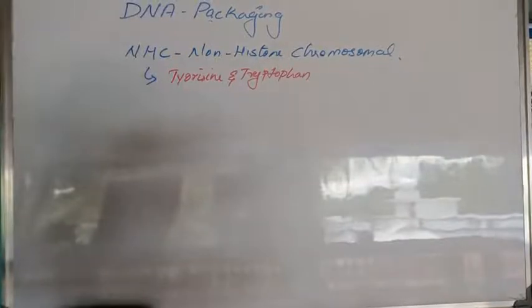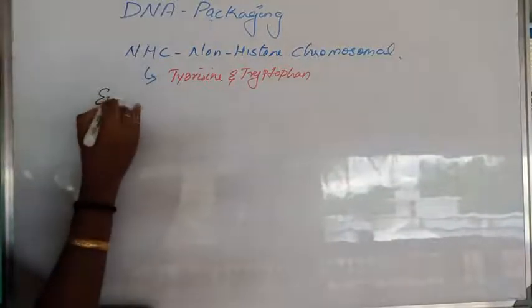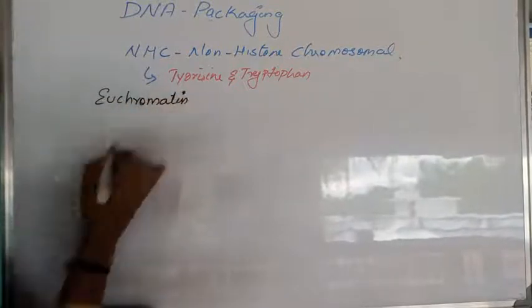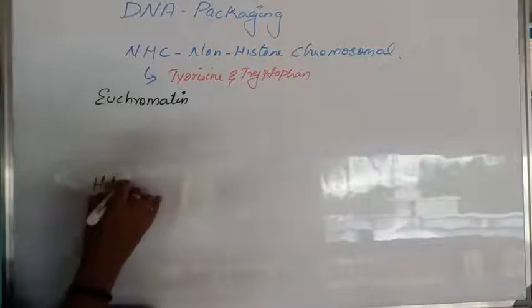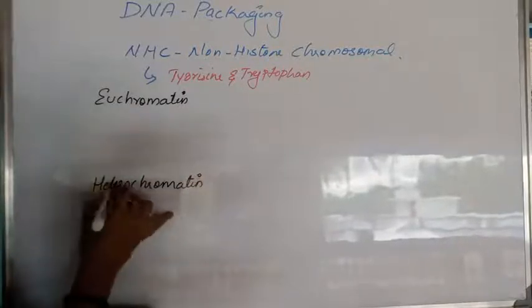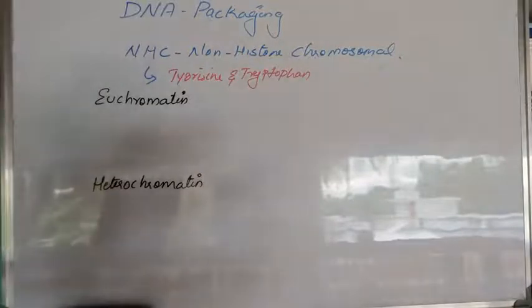On the basis of packaging, there are two types of chromatin, euchromatin and heterochromatin.